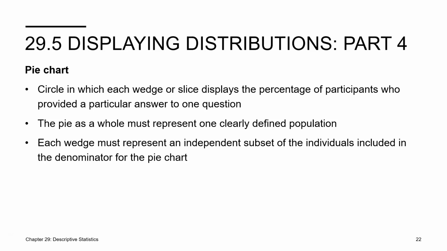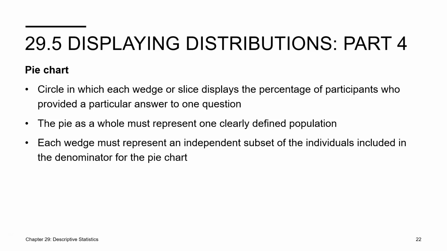Then we have a pie chart, and a pie chart is this circle chart. Each wedge or slice of the pie displays the percentage of participants who provided a particular answer to the question. So the pie is considered a whole, and it should represent the total number of people in the population, or it should represent either 1.0 if you're doing a proportion, or 100% if you're doing percentages.